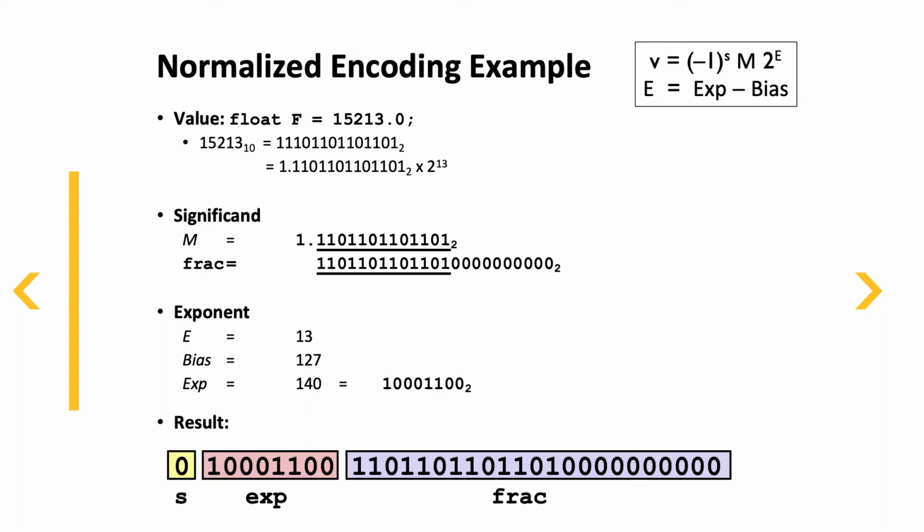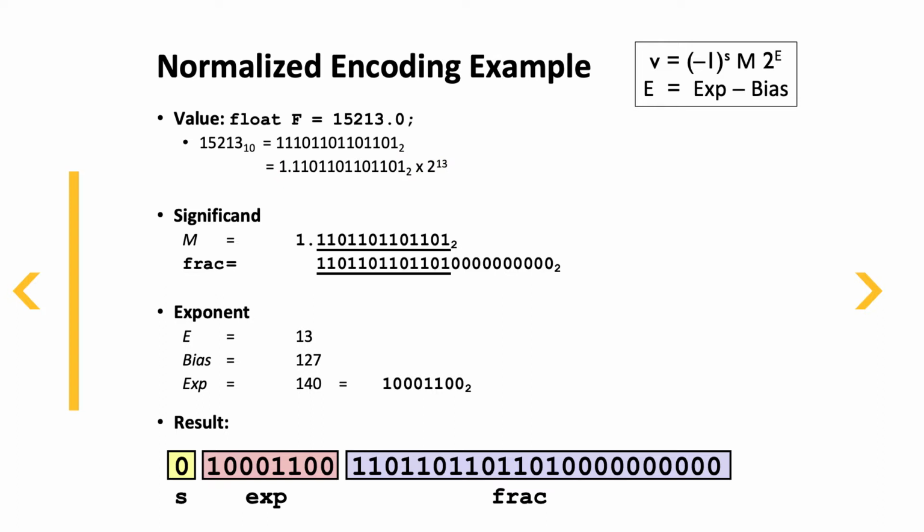So if we assume that the binary point, of course, is over to the right in our unsigned integer representation, how many places would we have to move it to the left in order to get something of the form 1 point whatever? Well, if we count this over, we find out that it's 13 places. So we can represent this unsigned integer as 1.1101101101101 times 2 to the 13th power.